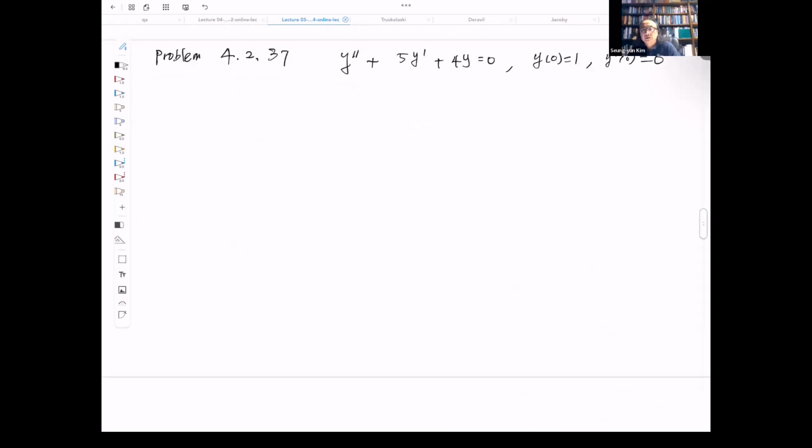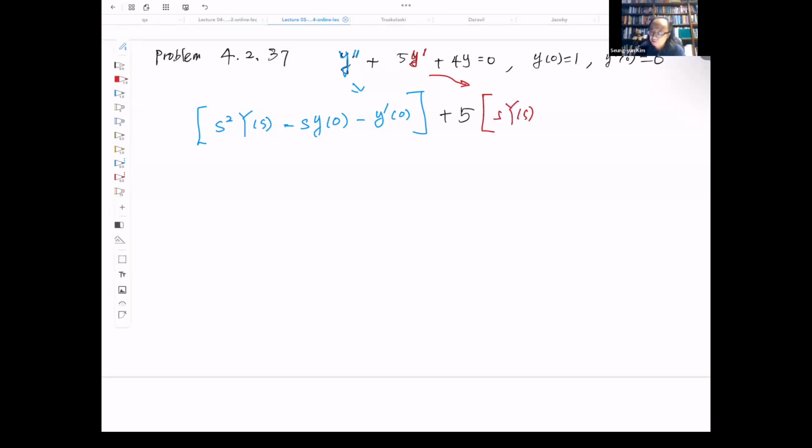Let's do this one. Now it is a double prime. Y double prime is going to be s squared Y of s minus s y of 0 minus y prime of 0, plus 5 times y prime, which is s Y of s minus y of 0, plus 4 Y of s equals 0.